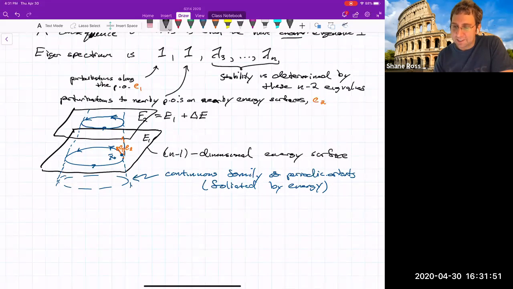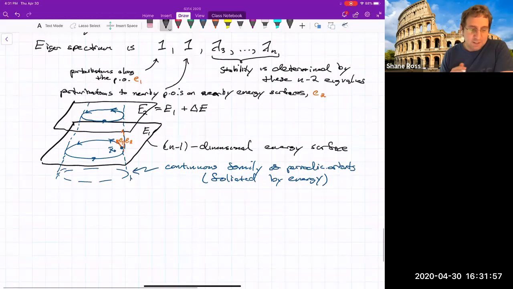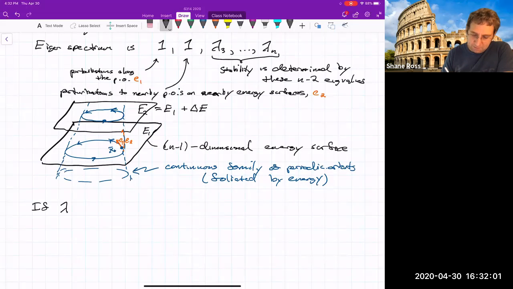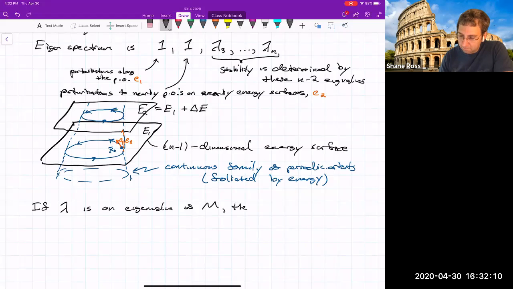Now, what about these n-2 eigenvalues? Well, because M is a symplectic matrix, if lambda is an eigenvalue of M from a Hamiltonian system, then so is 1 over lambda.